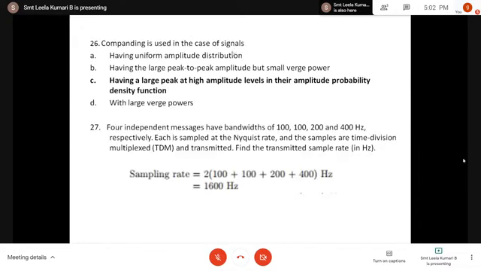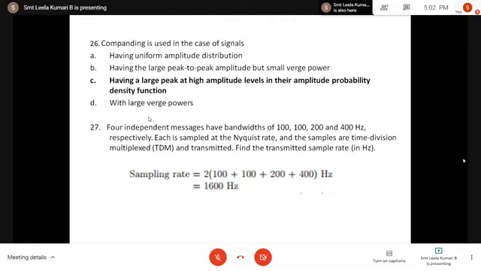Companding is used in the case of signals having uniform amplitude distribution, having a large peak-to-peak amplitude but small average power, having a large peak at high amplitude levels in their amplitude probability density function with large average powers.